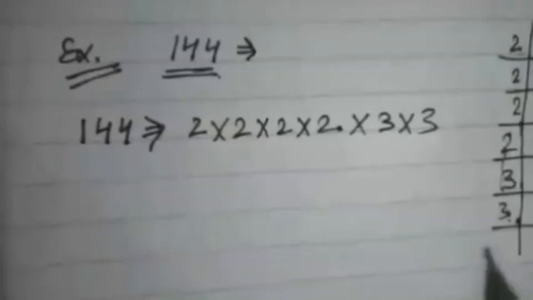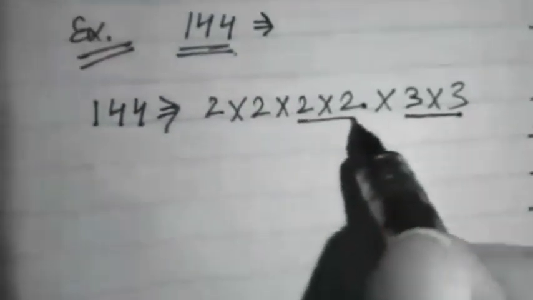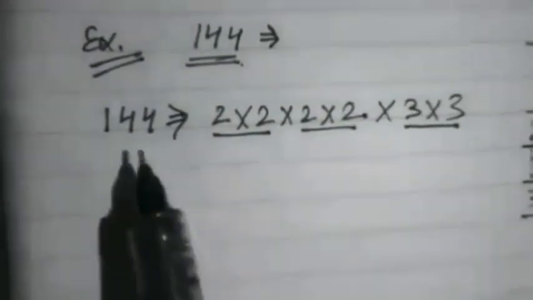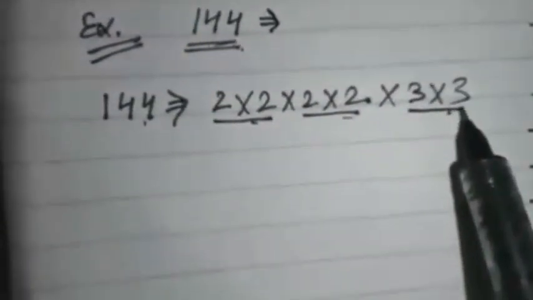In the second step you will make the pairs. So this is one pair, second pair and third pair. As you can see, 144 can be written in prime factors like this, and all the prime factors are completely paired.